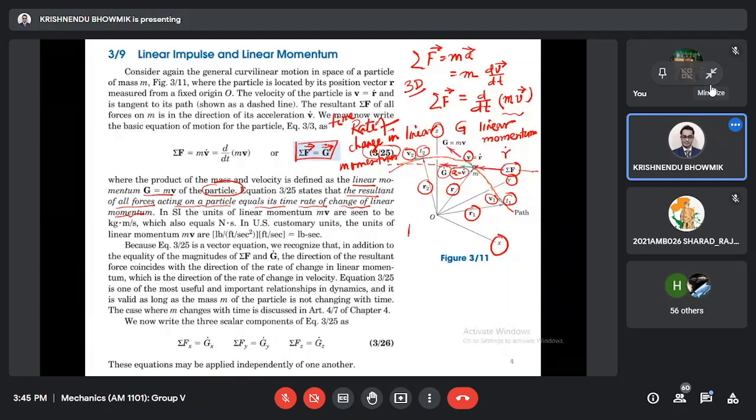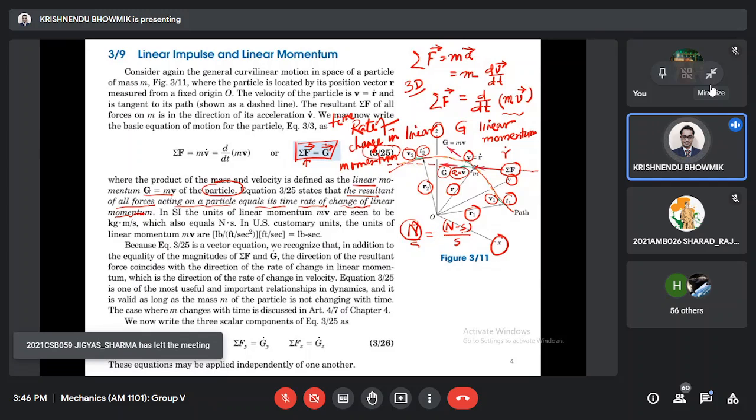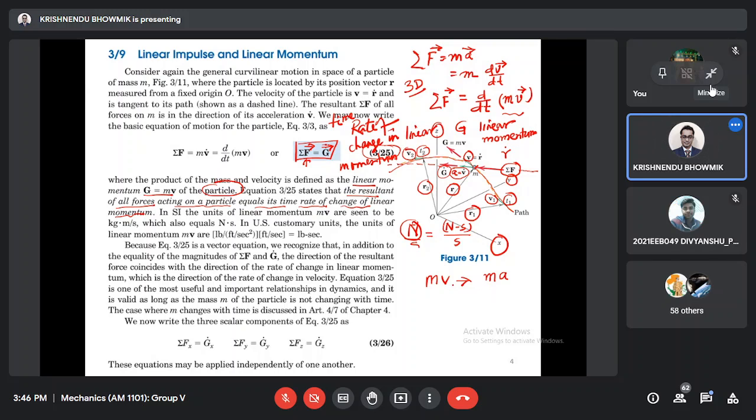What is the unit of linear momentum? Summation F is force, in Newtons, with respect to time, so Newton per second in the d/dt form. So the unit of momentum is Newton second.